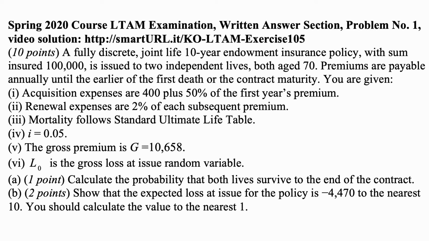A. Calculate the probability that both lives survive to the end of the contract. B. Show that the expected loss at issue for this policy is negative 4,470 to the nearest 10. You should calculate the value to the nearest 1.